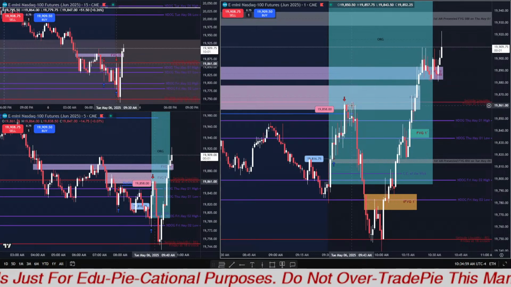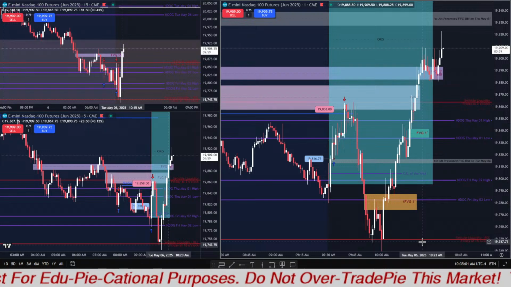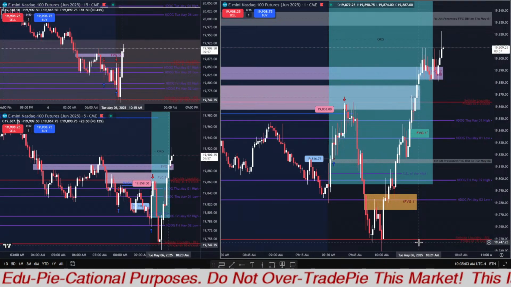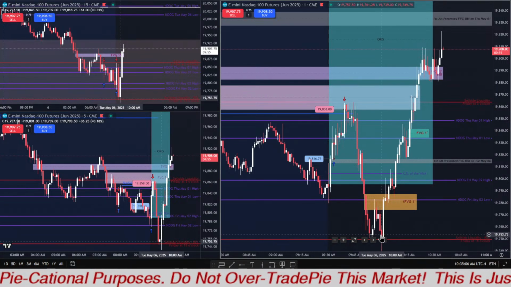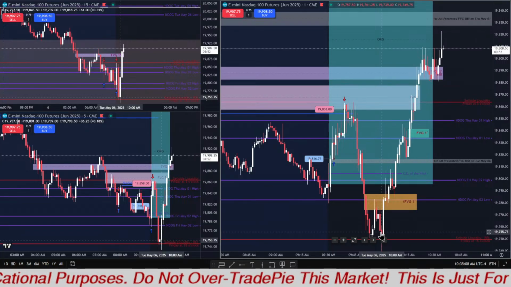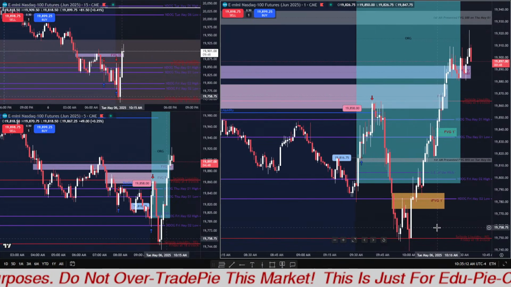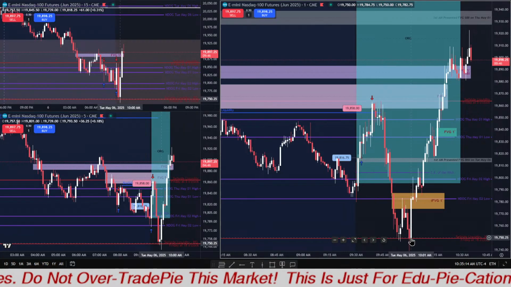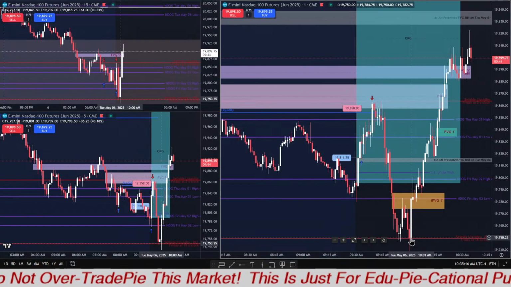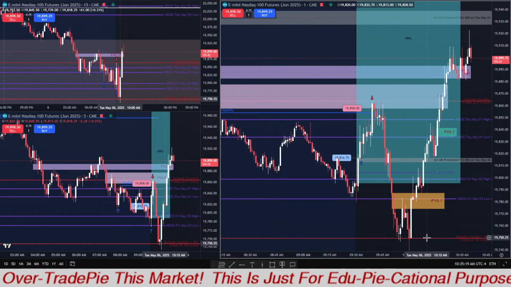The market turned and delivered to the sell side liquidity of Friday that had relative equal lows, and after that we have a very nice retracement from this level. Look at the bodies, how they're respecting the line for sell side liquidity.